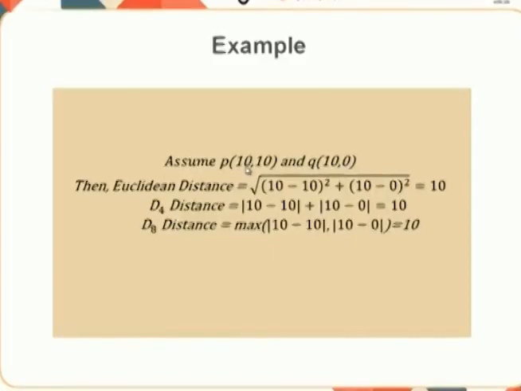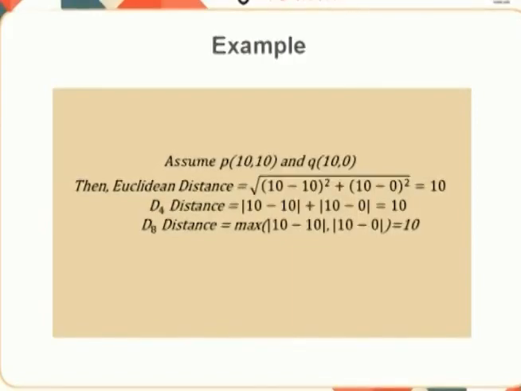If this is the case, then I can find the Euclidean distance using the formula that we discussed. It is nothing but the root of (10 minus 10) whole square plus (10 minus 0) whole square. So, you can see very well it is going to be 10. So, that means it is 10 units.